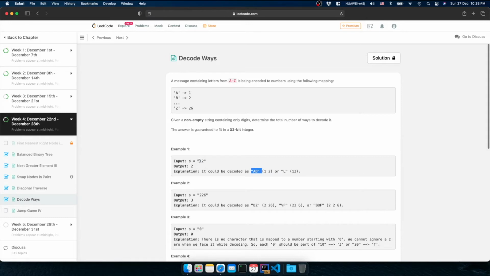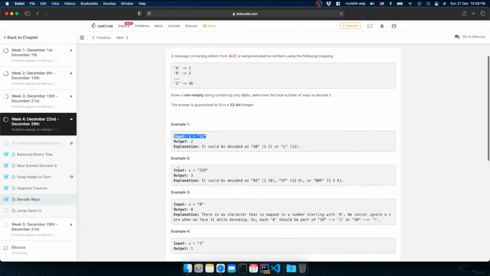Or we can consider this number as 12, rather than individual 1 and 2, and then the decoded string will be L, right? If you say A, B, C, D till 12, the 12th letter will be L, right? So the result will be 2. So if the input is 12, we can decode 12 in two different ways, right?